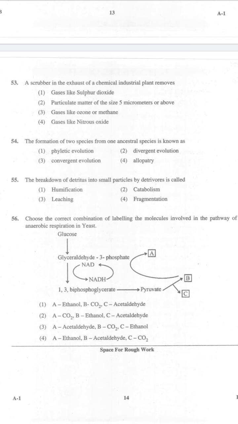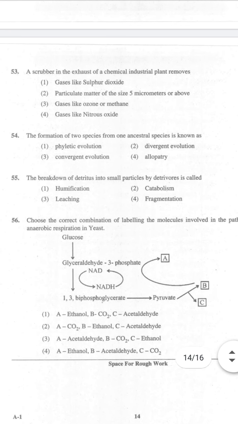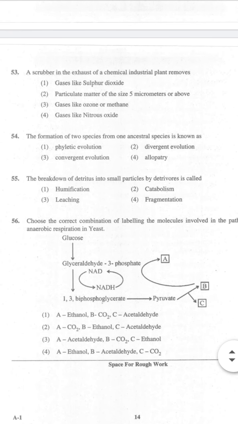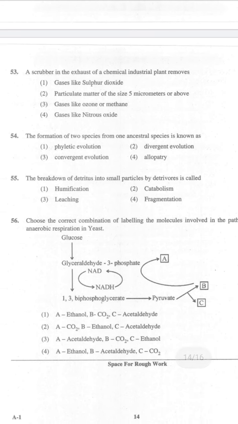The formation of 2 species from one ancestral species is known as option 1, phyletic evolution; option 2, divergent evolution; option 3, convergent evolution; option 4, allopatry. So the correct answer for this question is option 2.